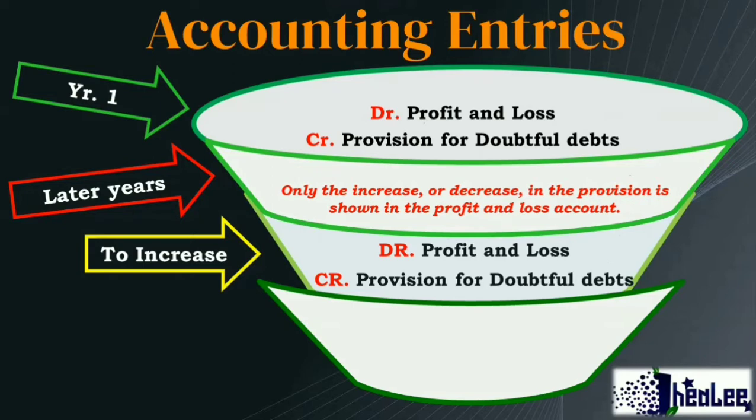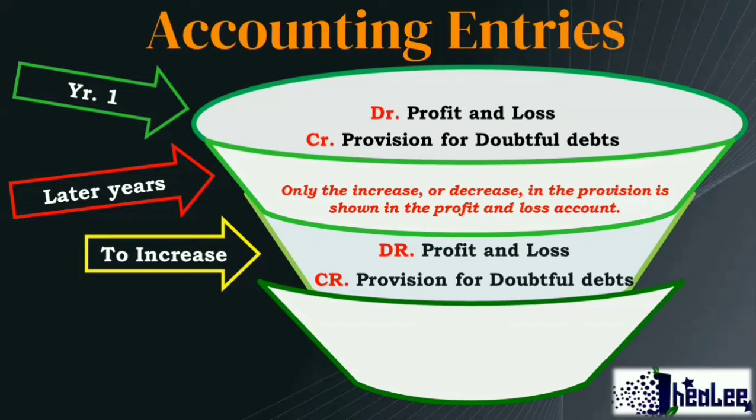So when you're preparing this account, you would notice that the balance brought down is reflected on the credit side. So please bear that in mind that your balance brought down for provision for doubtful debts account should be reflected on the credit side of that account.